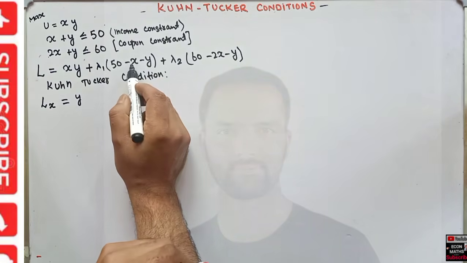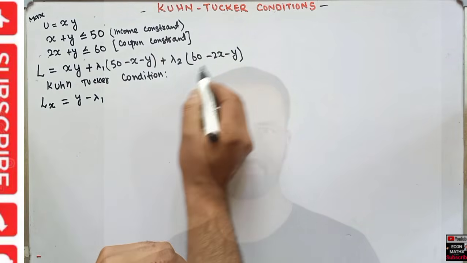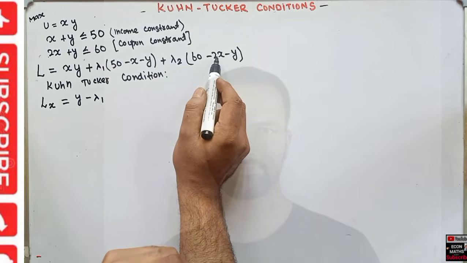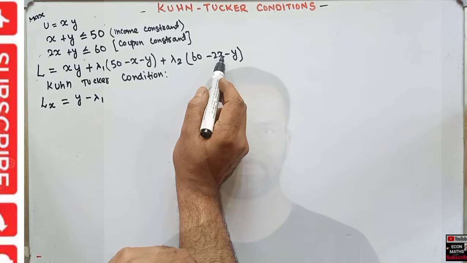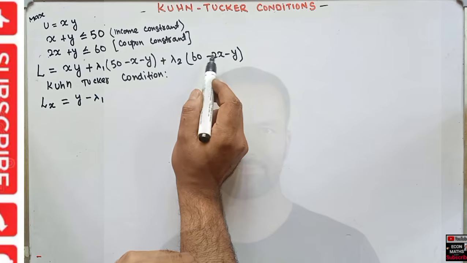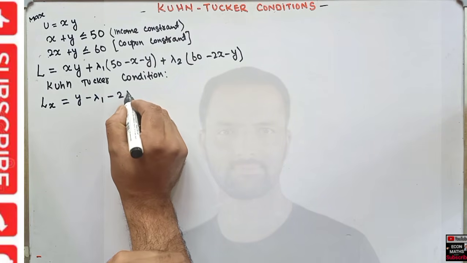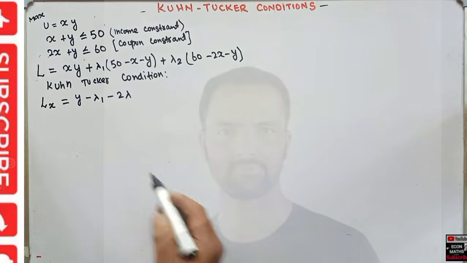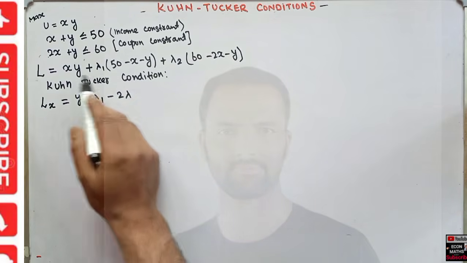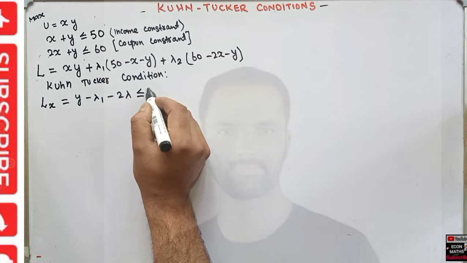Then this is minus 1 times lambda, that is minus lambda 1. And here x is involved in the second constraint, so the derivative is 2, so we have minus 2 lambda 2. Here the Kuhn Tucker condition says that this partial derivative of the Lagrange's function should be less than or equal to 0.